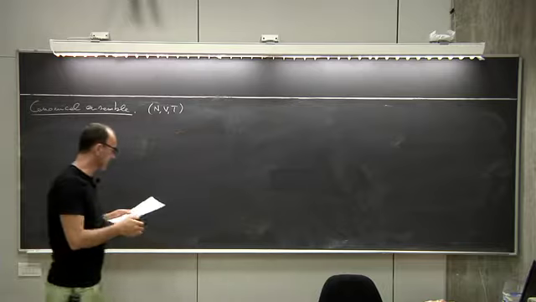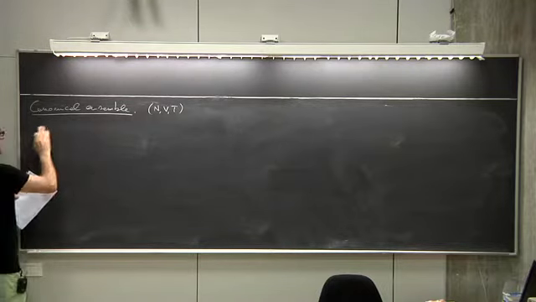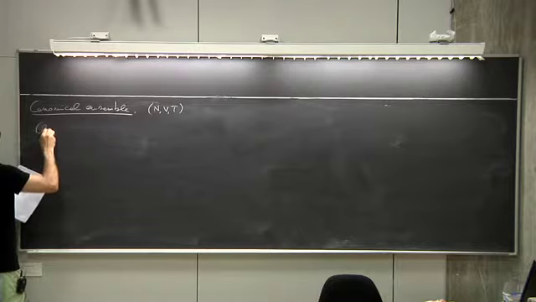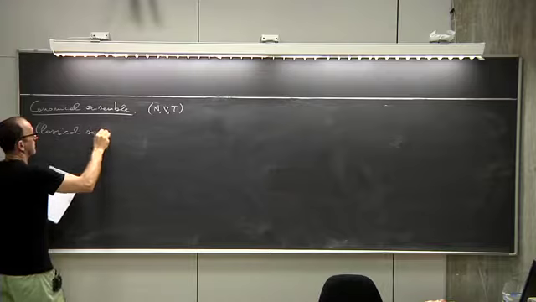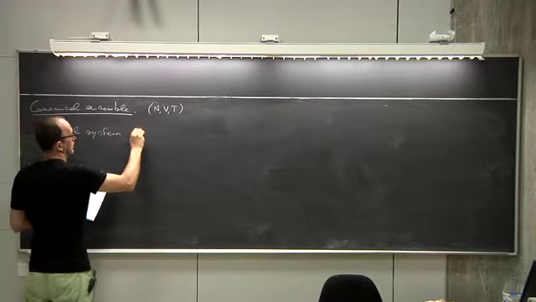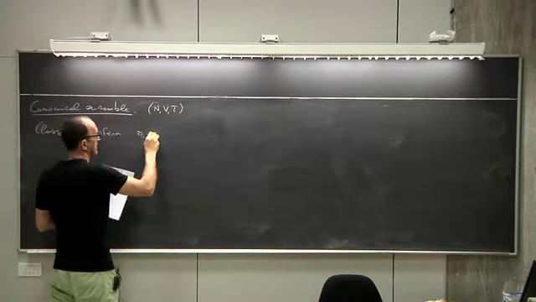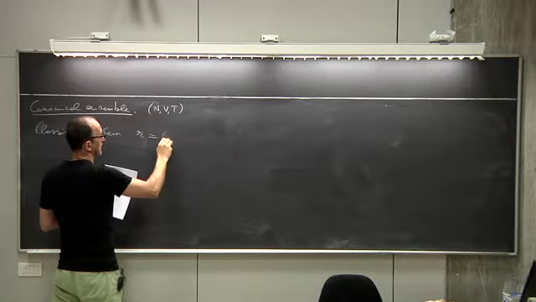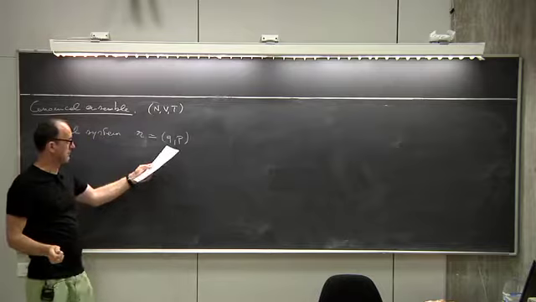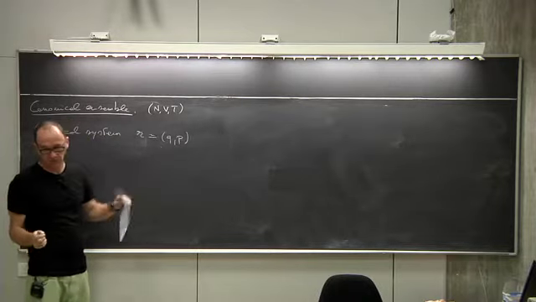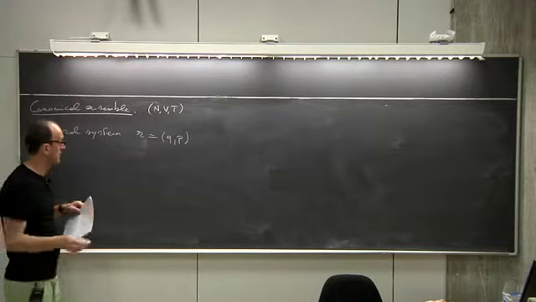So in a classical system, the state r is essentially equal to a specific assignment of all the positions and all the momenta of each of the particles.